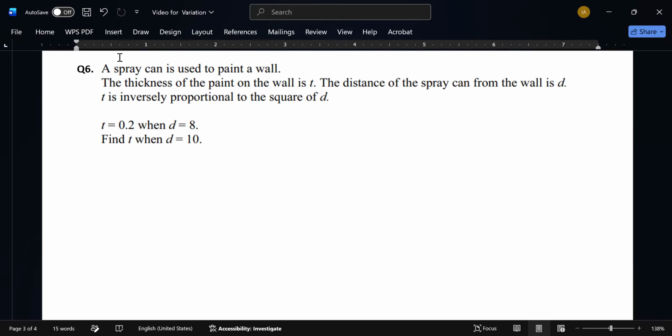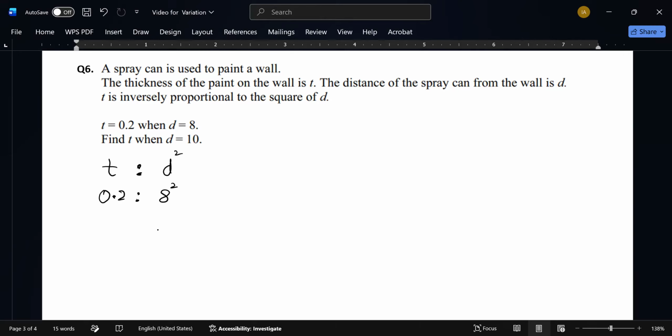A spray can is used to paint a wall. The thickness of the paint on the wall is T. The distance of the spray can from the wall is D. T is inversely proportional to the square of D. We have T as 0.2 when D is 8.